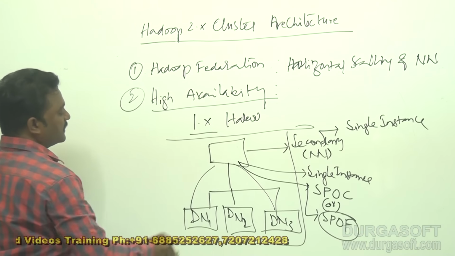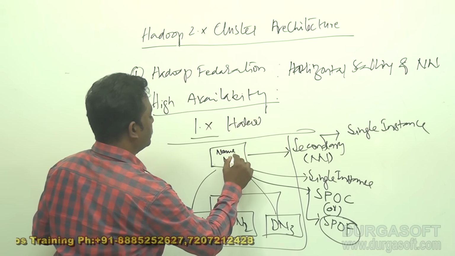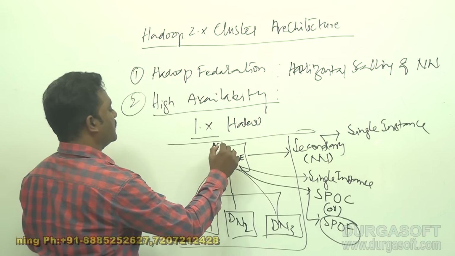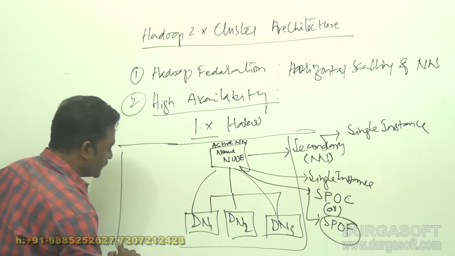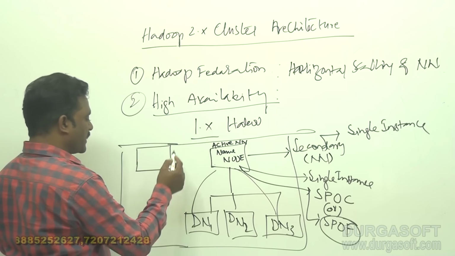This is a name node, as we have seen. This is a name node, and now we are calling this node the active name node, and we have another name node, because in 2x there is more than one name node.